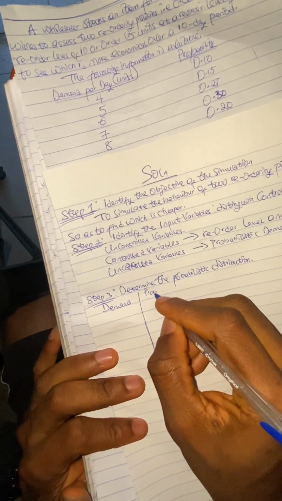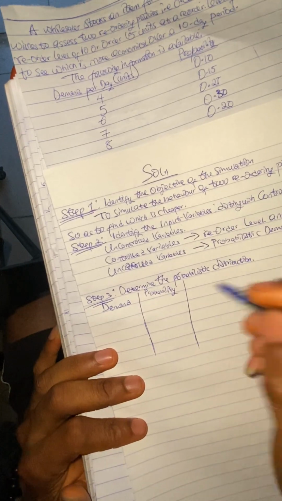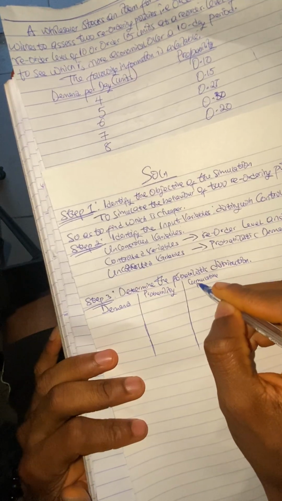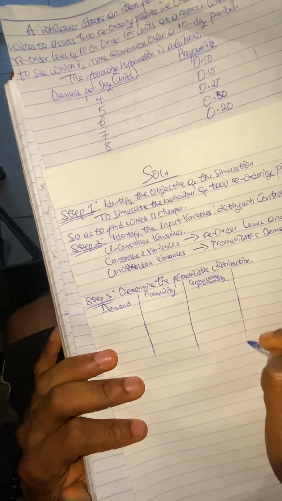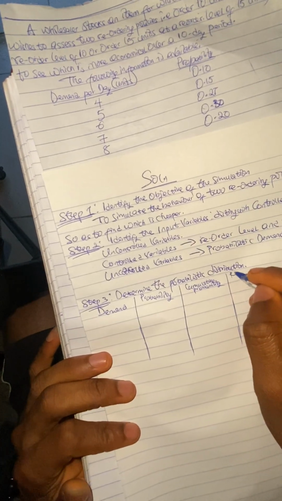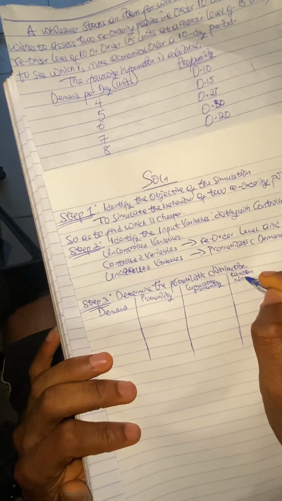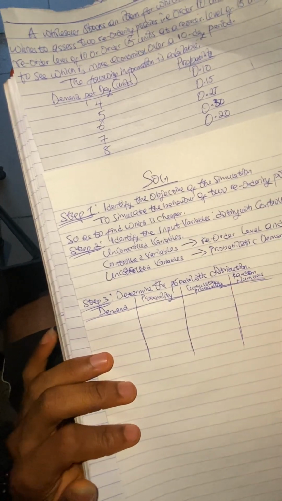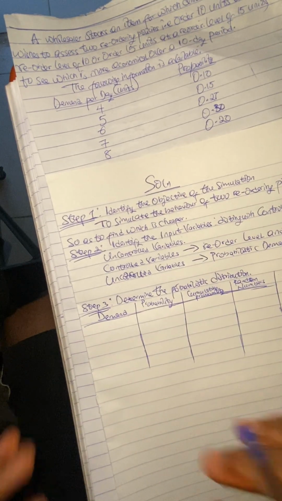You now put your probability. Draw your line. You now put your cumulative probability. Draw your line. And then the last one, you now bring your random numbers. Now, that is one thing with simulation. You keep assigning random numbers.